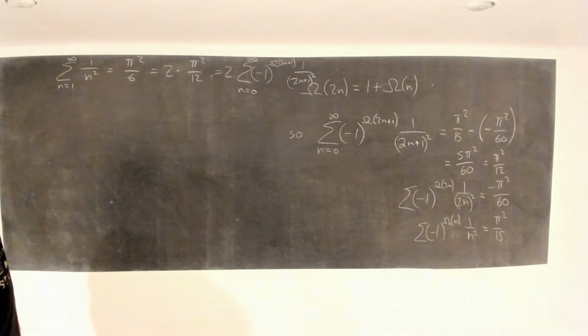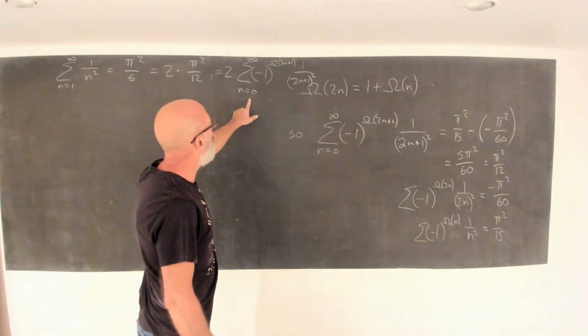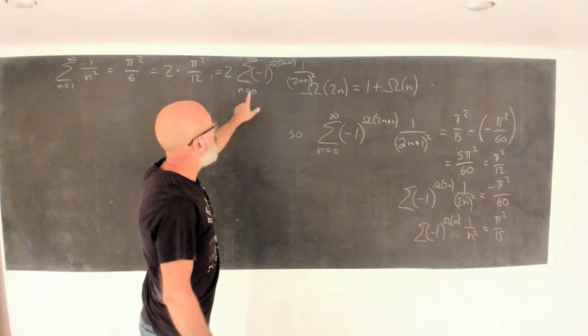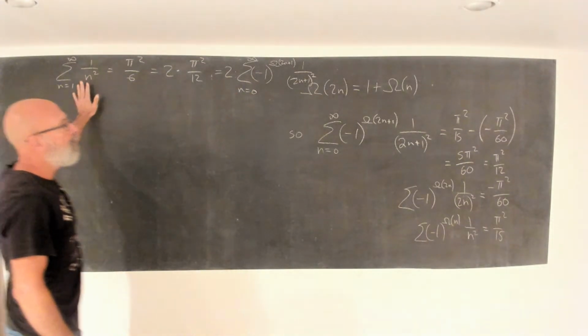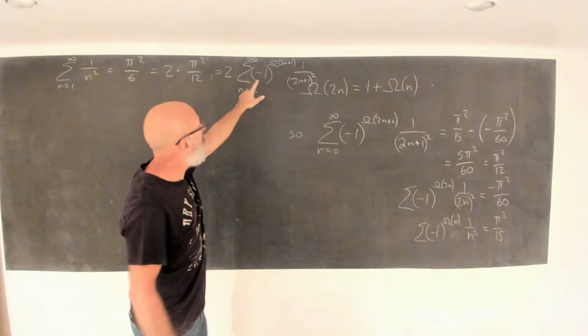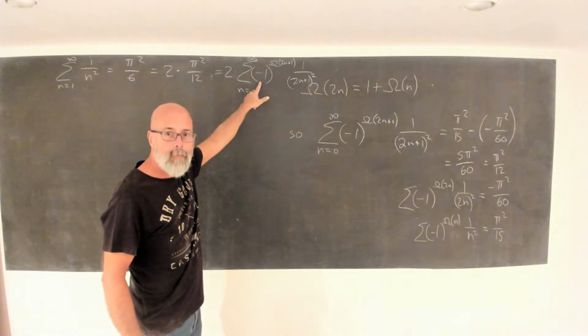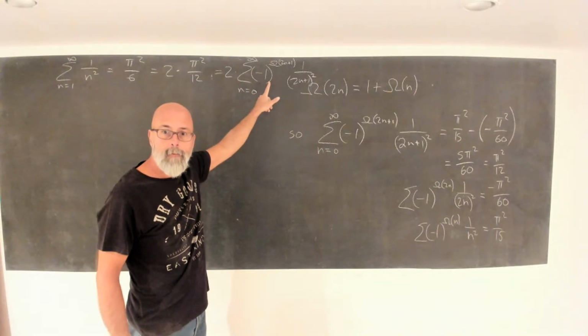All right, well, so what's happening? What are we going to do? Here you have all the numbers. Here you just have the odds. Some of them are going to be negative. Some of them are going to be positive.